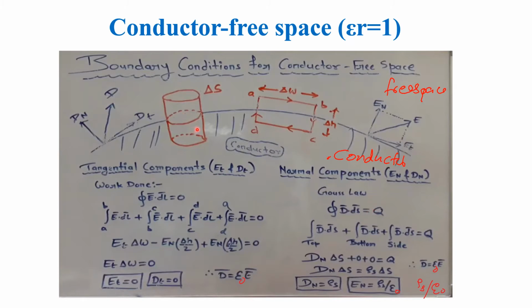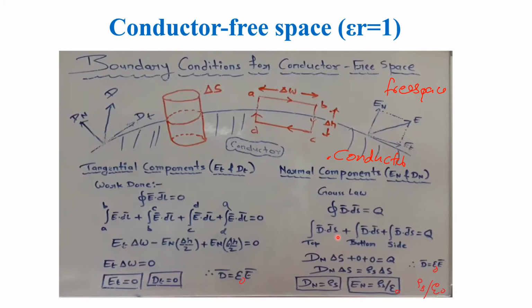For a cylinder, we know there are three surfaces: two end surfaces and one curved surface. So the integral over the top surface of D dot ds, plus the integral over the bottom surface of D dot ds, plus the integral over the side surface of D dot ds, equal to Q.